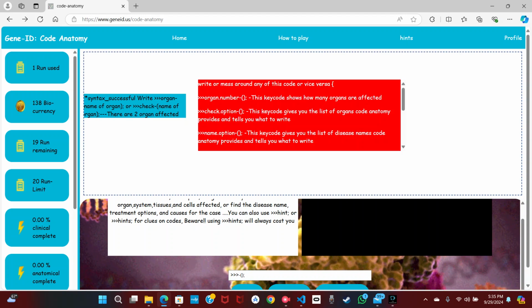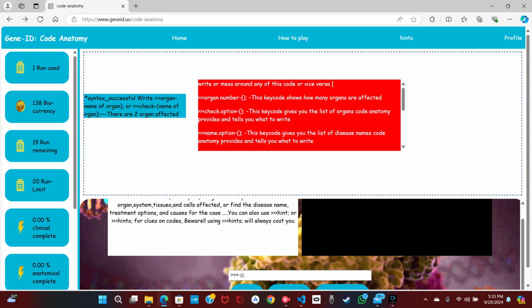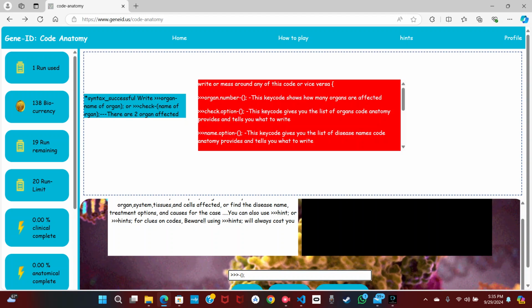Whenever you see this sign that I'm pointing at here, which is the same with this, know that it's a sign for you to typically write something in this prompt. Now let's just follow this instruction, that is if I know the organ. So it says here two organs affected.